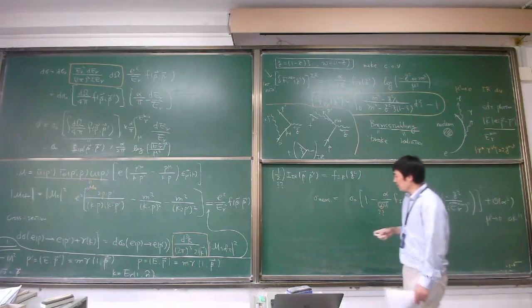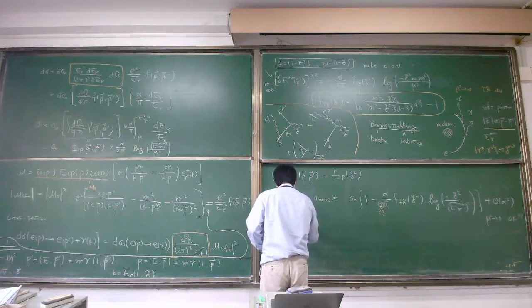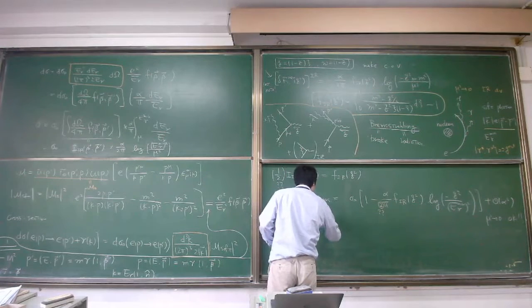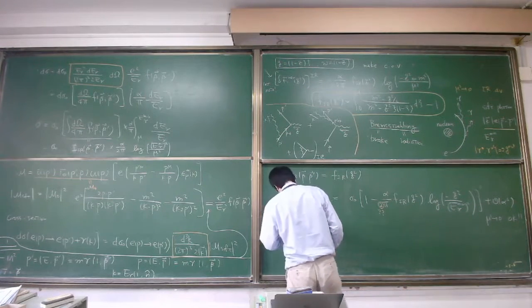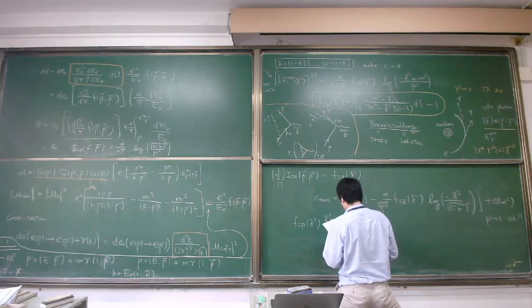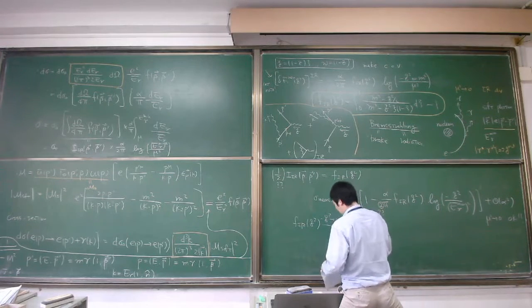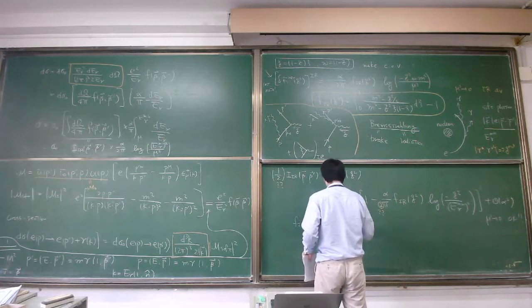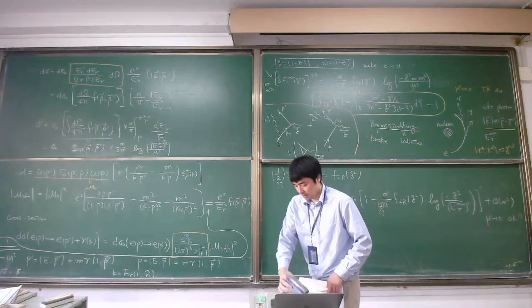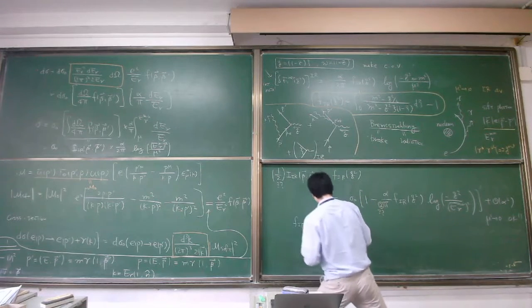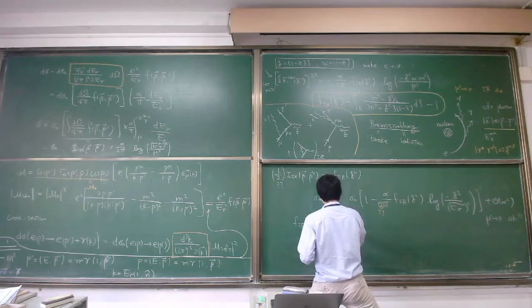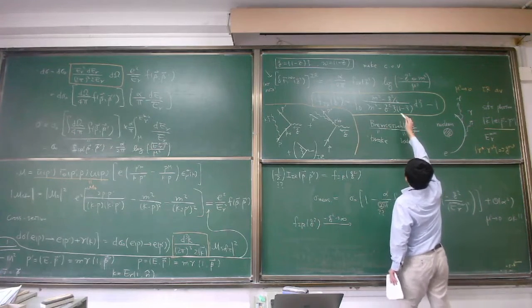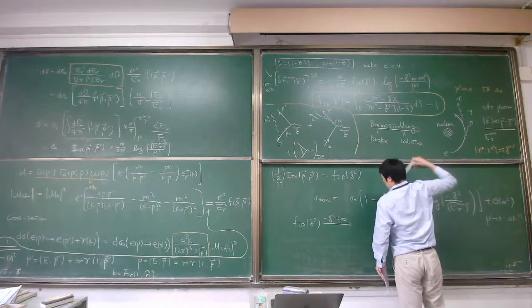And if you take the F_IR, as Q square goes to 0 in the limit, minus. If this Q square is very big, then this term becomes dominant.